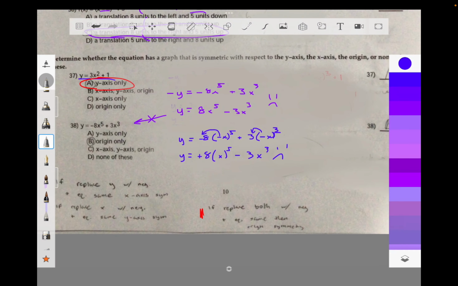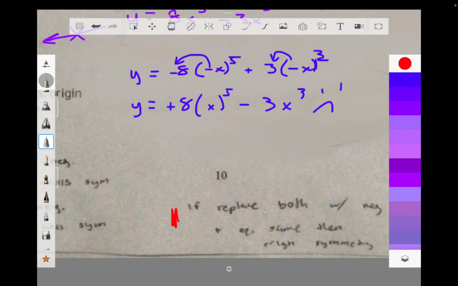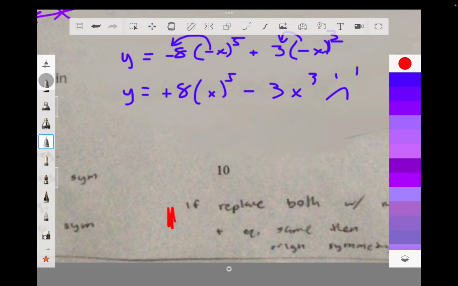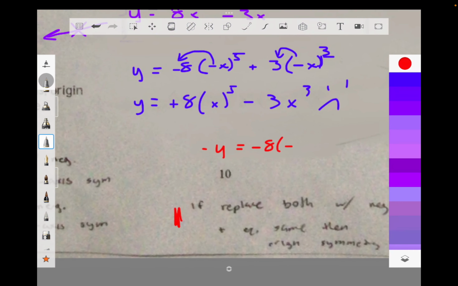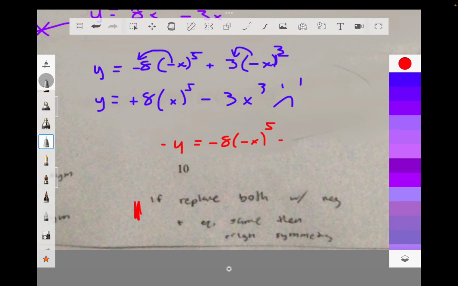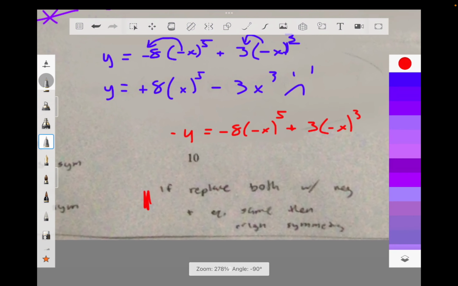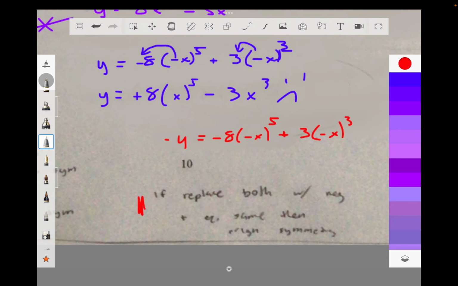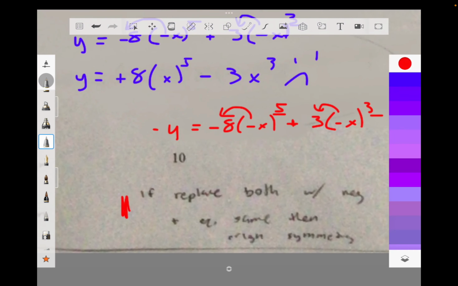So let's check if it's origin symmetric, which is going to be both y and x are negative. Negative y equals... right? And then we're able to bring this negative out in front because these are both odd exponents.